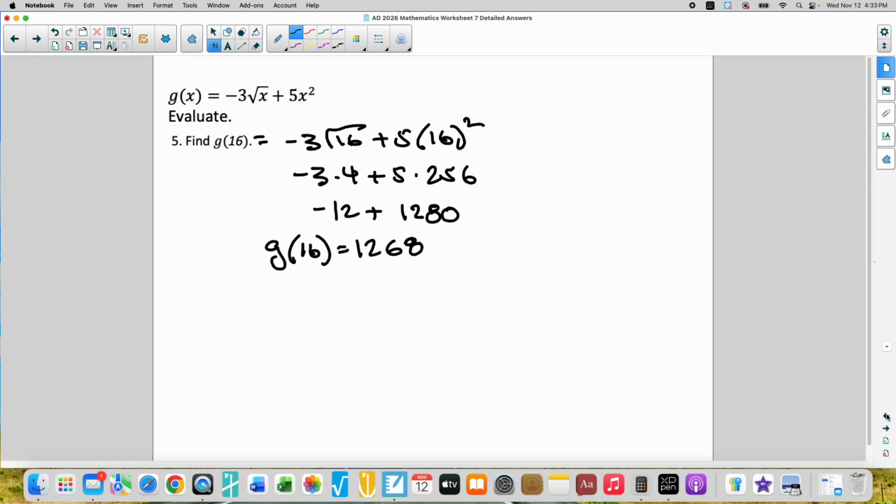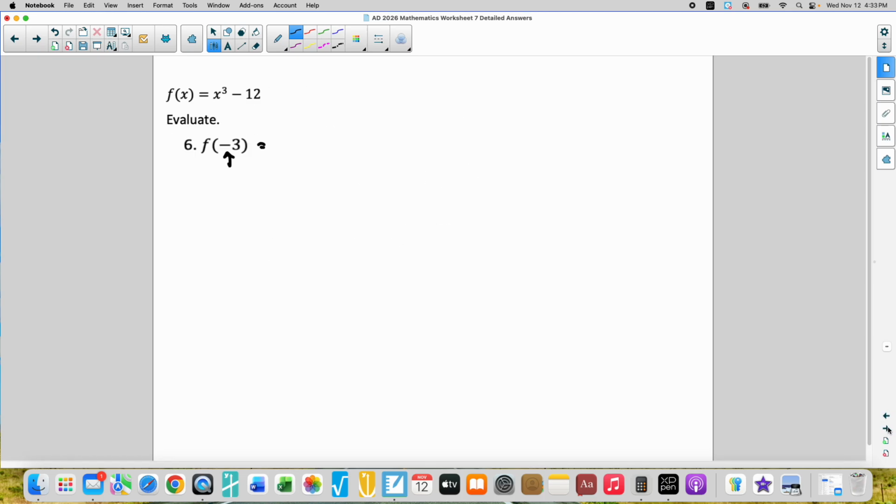So this is my input, and we're just substituting it in again. This is quantity negative 3 cubed minus 12, which equals negative 27 minus 12, which equals negative 39. So f of negative 3 equals negative 39.